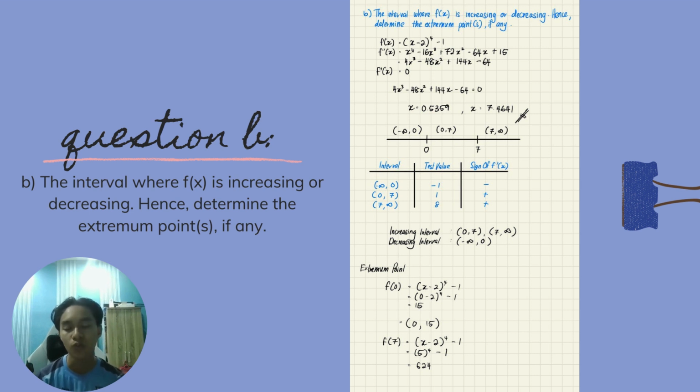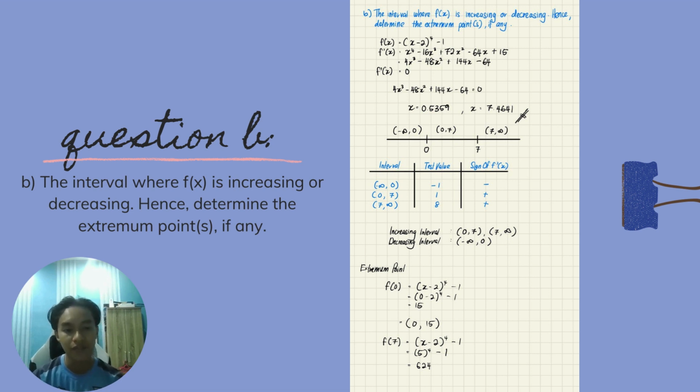And you need to know that f prime x is equal to 0, and then just use the calculator and you will get x equals 0.5359 and x equals 7.4641. And then you need to draw a line. This is for you to find the increasing interval and decreasing interval.